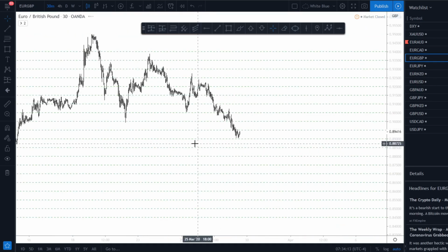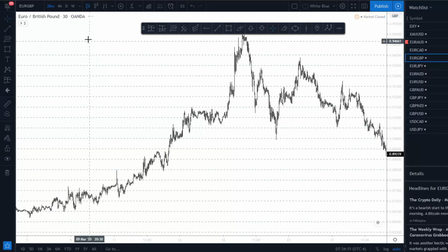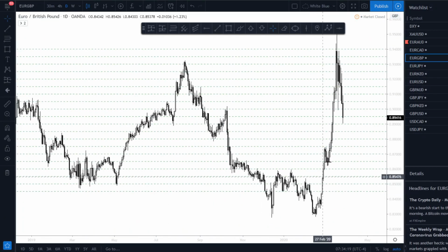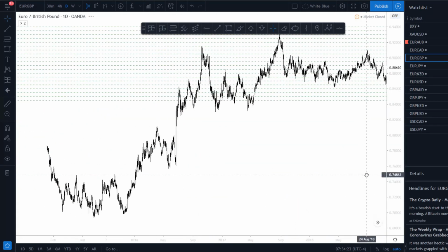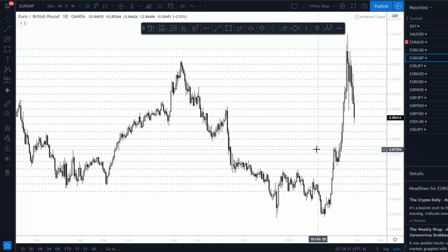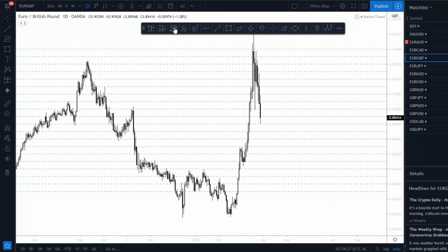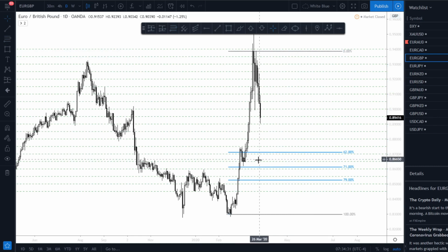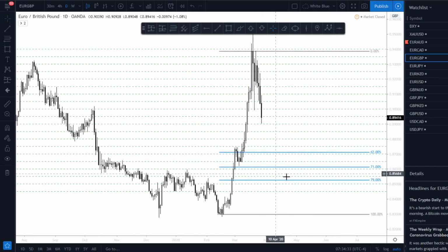Euro GBP is the next one. So we've had a move up and we're starting to pull back a little bit. I'd probably be looking for buys on here. But I mean, it's a few days away, so maybe start next week. Could be somewhere in this area here.